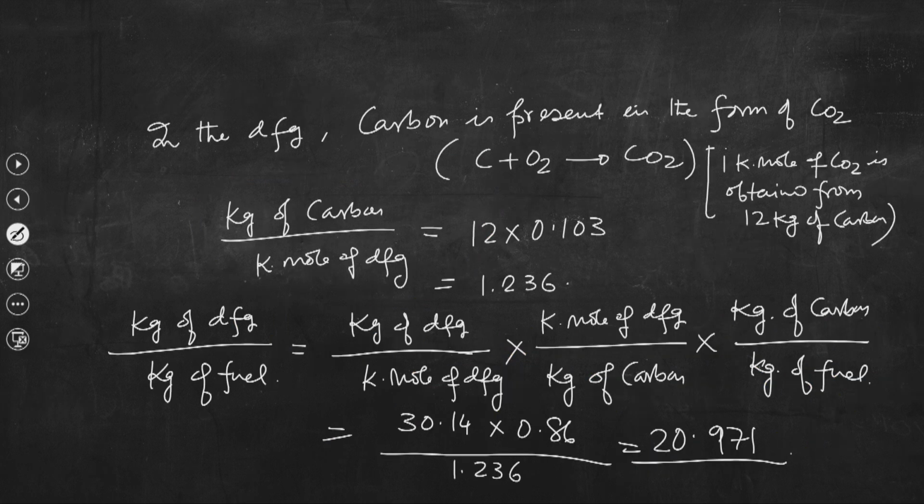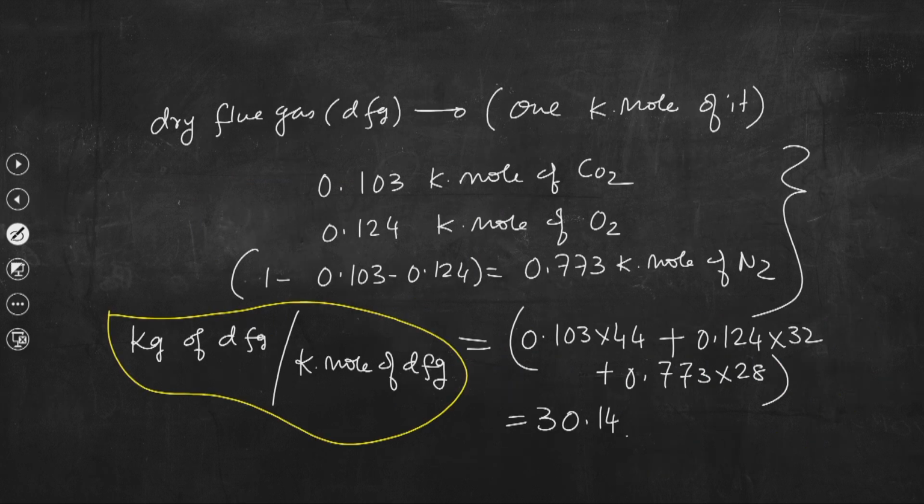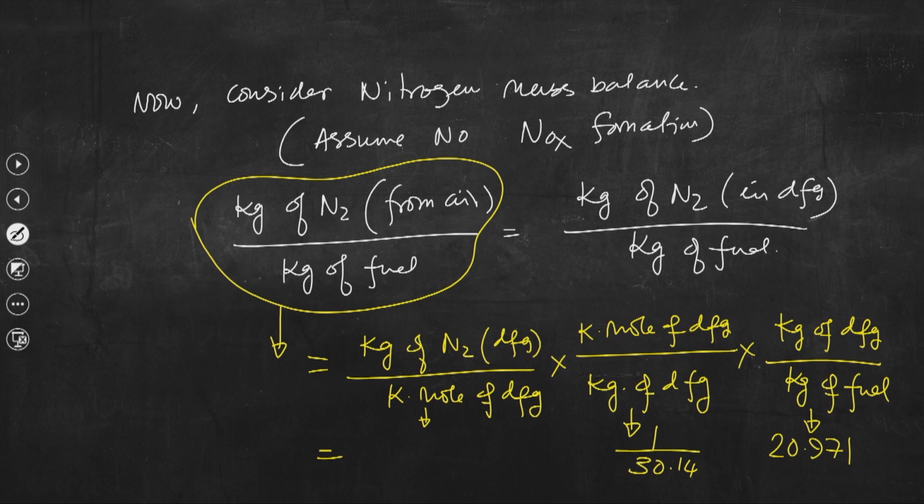Going back to the previous slide, 1 kilomole of dry DFG contains 0.773 kilomole of nitrogen, so that is 0.773 into 28.